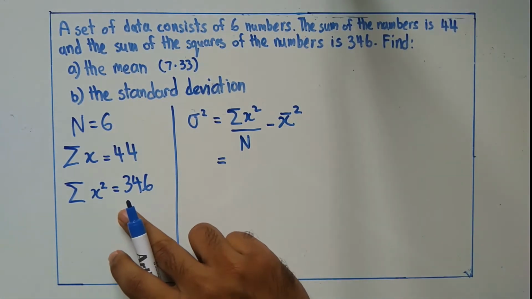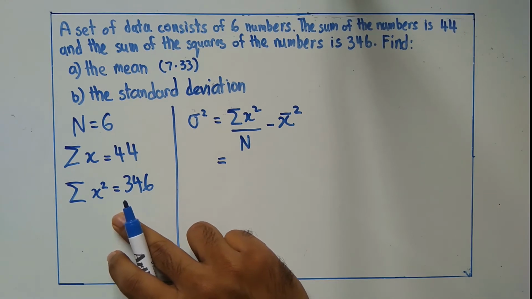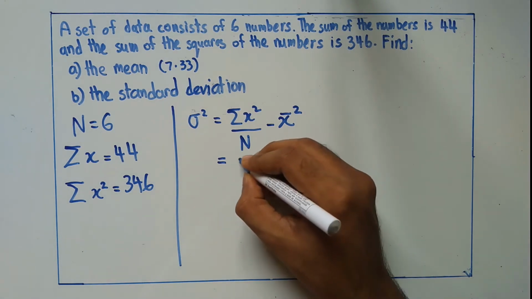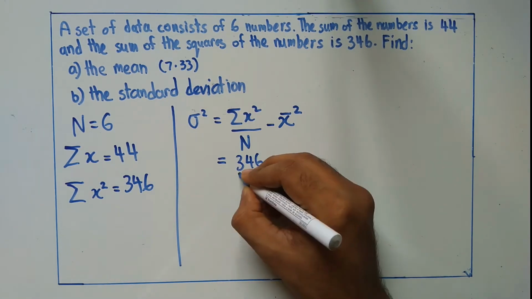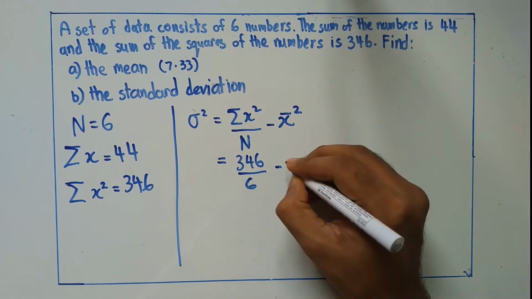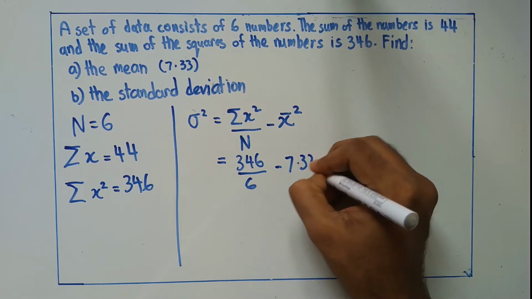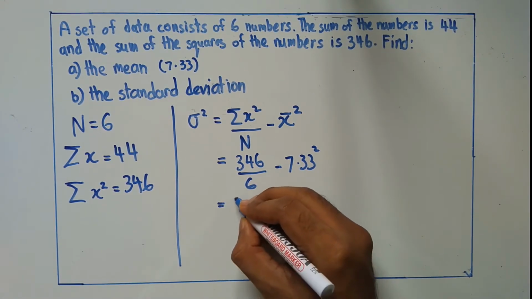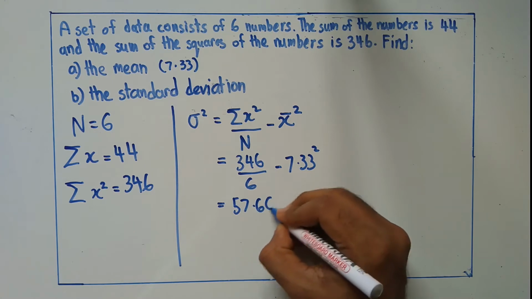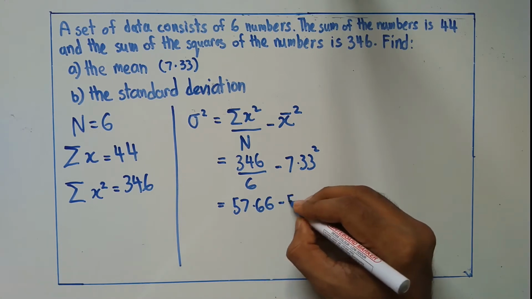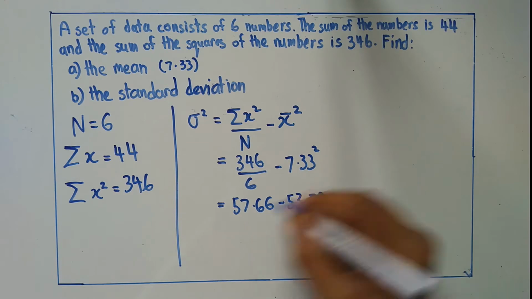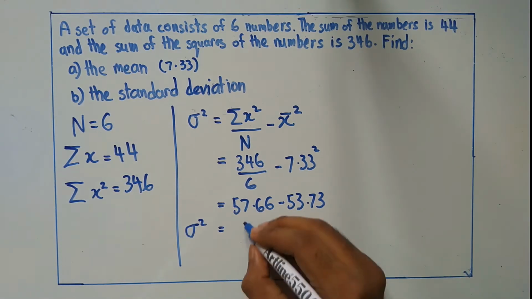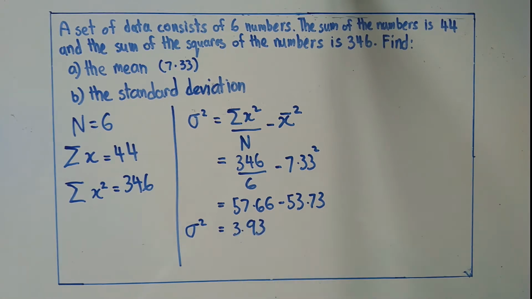We can substitute the values of Σx, the sum of x squared, and the mean to calculate the variance. Your variance is 3.93.